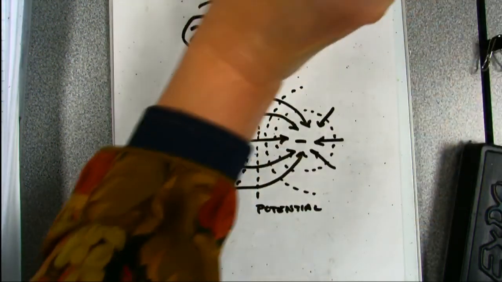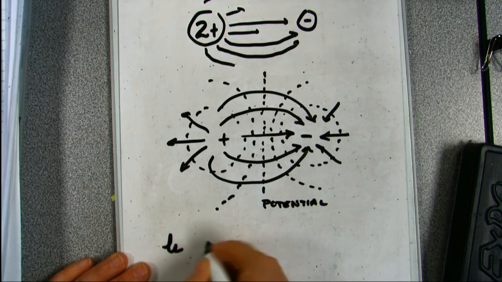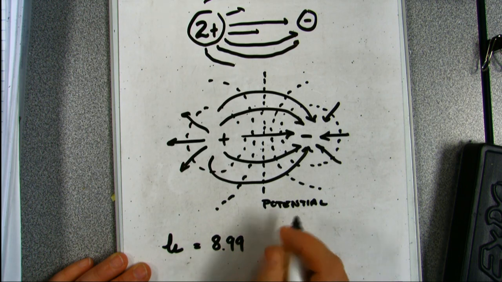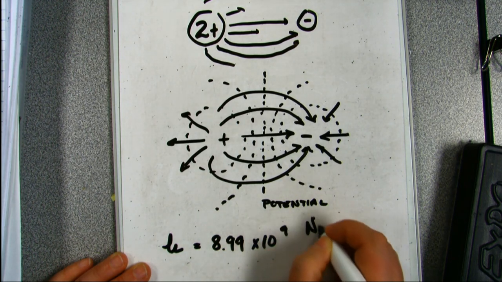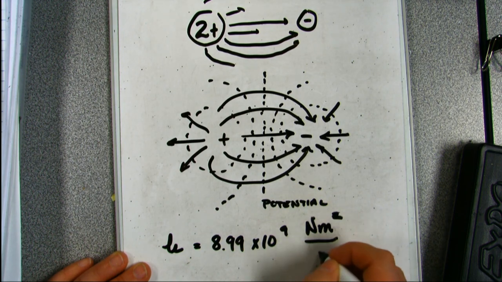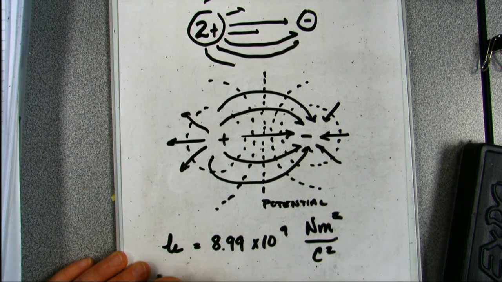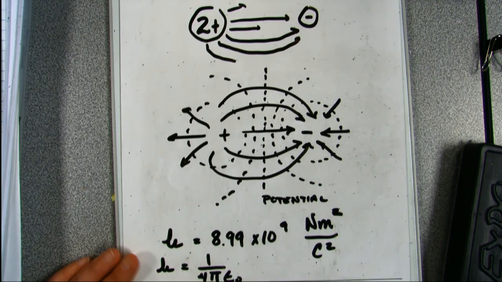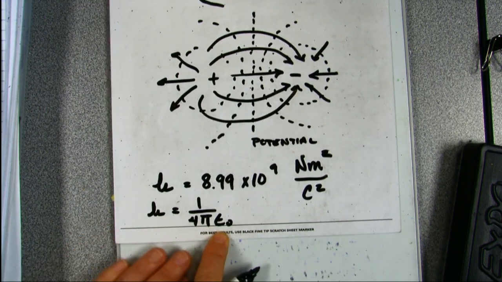One of the things is k. We've already told you that k is equal to 8.99 times 10 to the 9th newton meters squared per coulomb squared. k is also equal to 1 over 4 pi epsilon, which is the permittivity of free space.